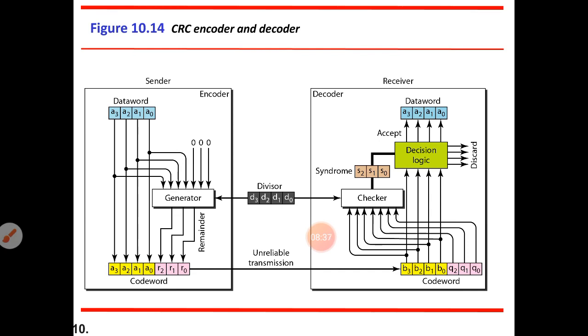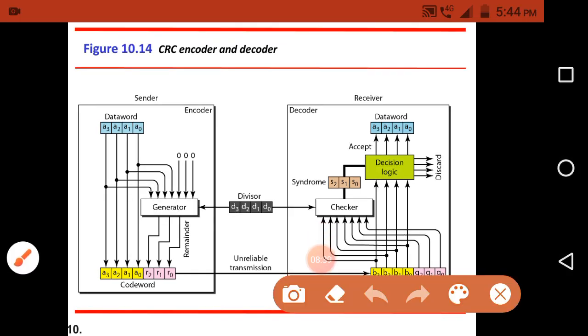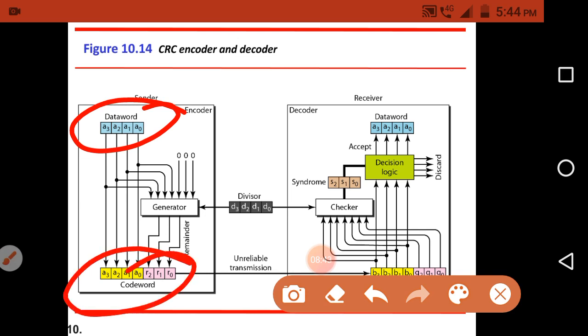So this is at the sender side: there is a 4-bit data word and a 7-bit code word. So 7 minus 4 means 3 zeros we need to add to the end of the data word, and we call that the incremented data word. The incremented data word is passed to the generator, which selects the divisor.